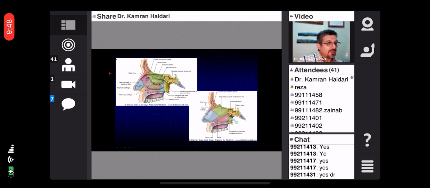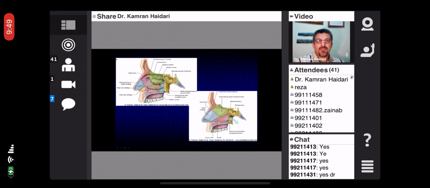And we come to the anterior part of the lateral wall. Above, you've got a small part of the frontal bone and the nasal bone, and you must consider the contribution of the lacrimal bone. This is the lacrimal bone. The medial surface of the lacrimal bone contributes to form the lateral wall of the nasal cavity.